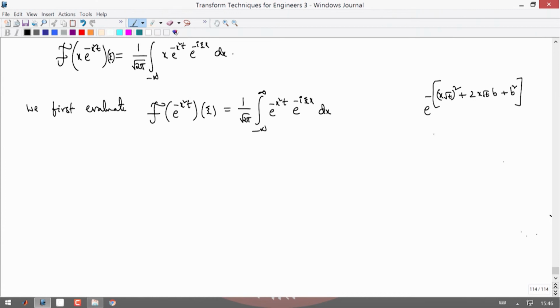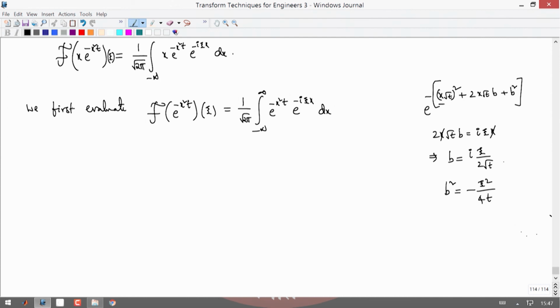So, what is my b? 2 x root t b is actually what I have, which is i xi x. So, this gives me x x goes, and what is b? b is i xi by 2 root t. So, if you replace b there, and remove the 2 root t, you end up getting that. And b square, what happens to your b square? You have a minus xi square by 4t.